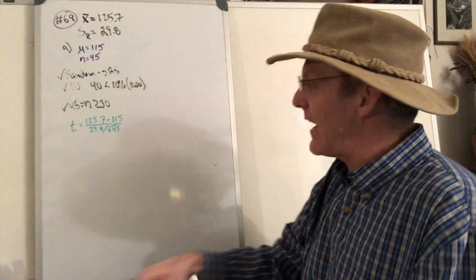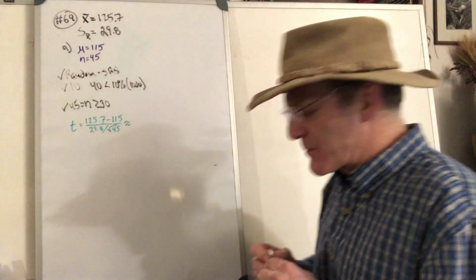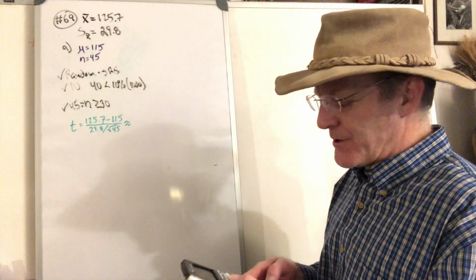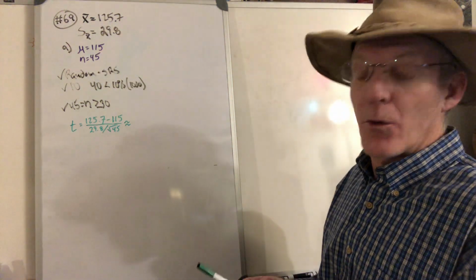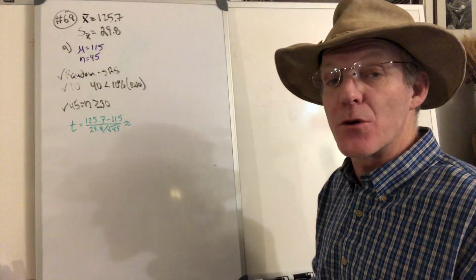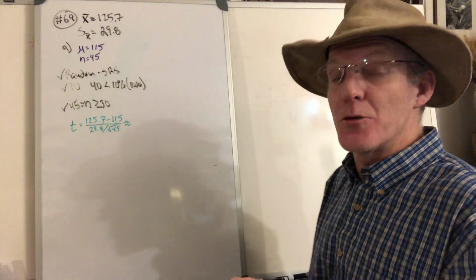So ultimately, let's get rid of that. We put this in our calculator, and we get approximately, there it is, 2.4086. So our t-table goes to 3 decimal places. So let's round this to 3 decimal places, 2.409.